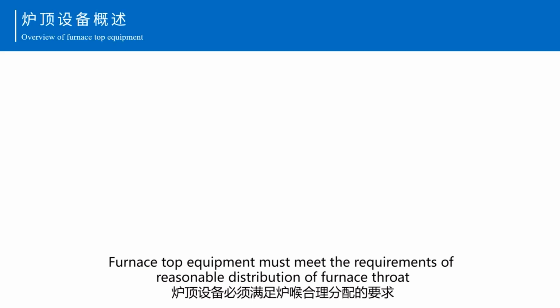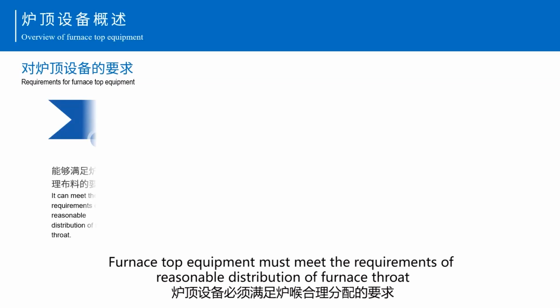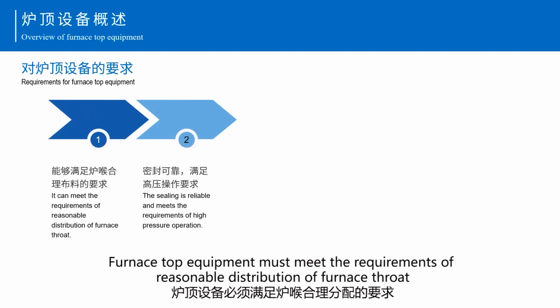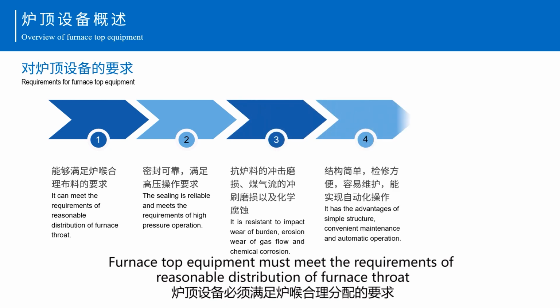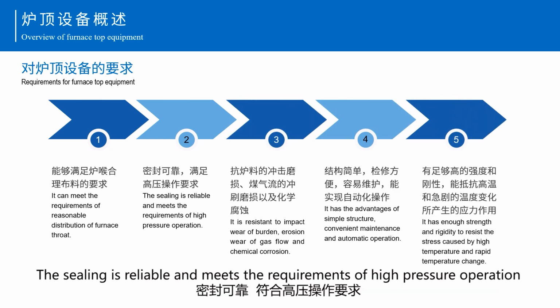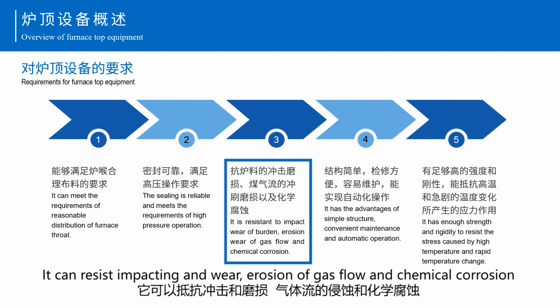Furnace top equipment must meet the requirements of reasonable distribution of the furnace throat. The sealing is reliable and meets the requirements of high pressure operation. It can resist impact and wear, erosion of gas flow and chemical corrosion.